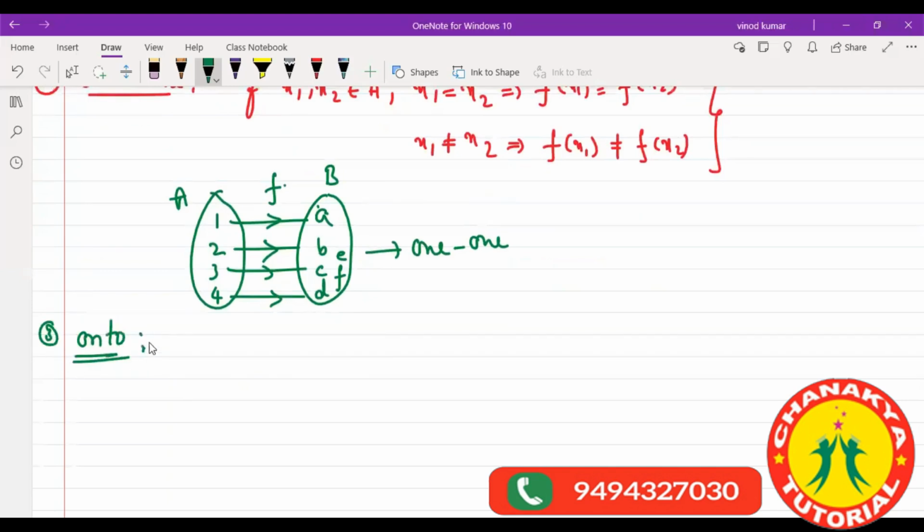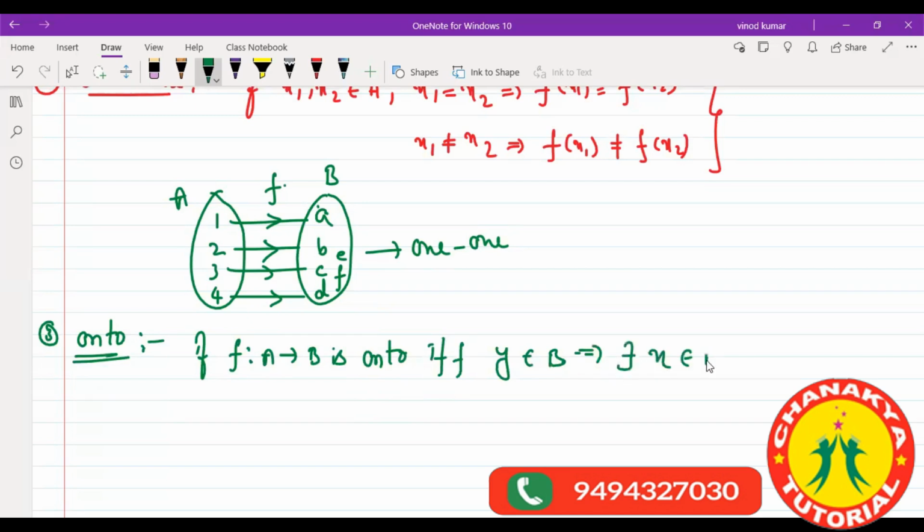Onto function means all the elements in the codomain must have a pre-image. A function f from A to B is onto, or a surjection, if and only if for every y belonging to B there exists x belonging to A such that f of x equals y. So here A, B, C and here 1, 2, 3.